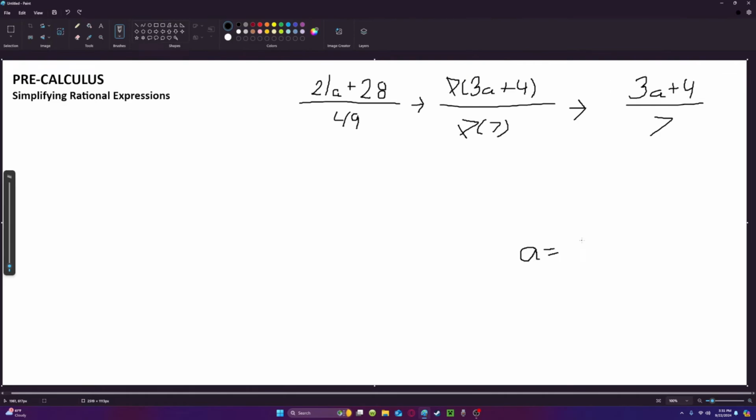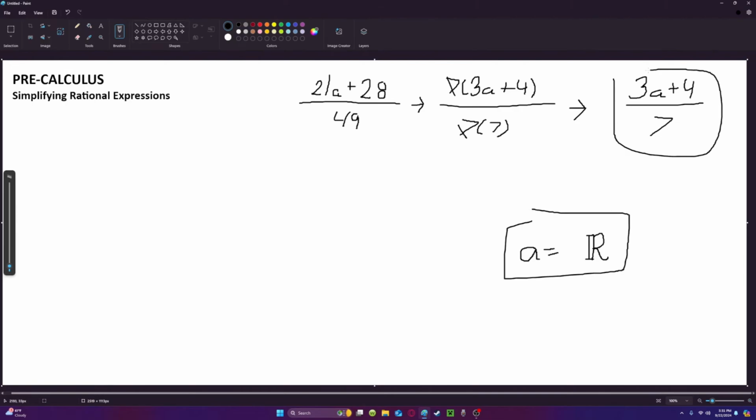So in this case, we would just put a is equal to all real numbers, and the sign for all real numbers looks like this. So a can be all real numbers. These are our final answers for number 3.